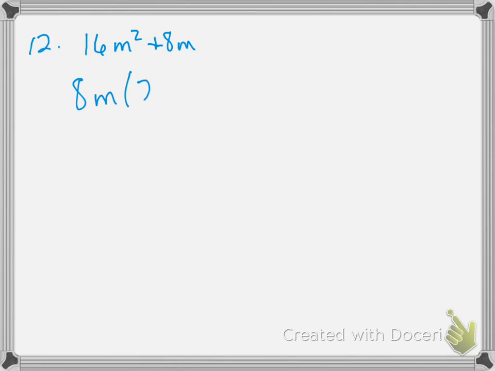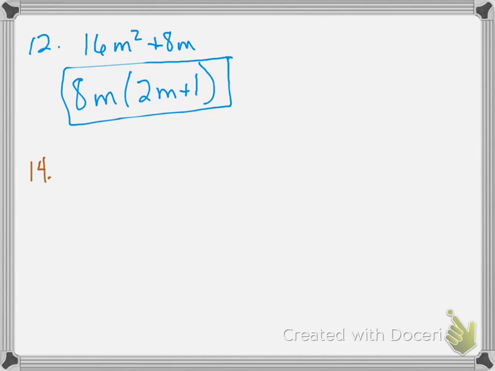Factoring out the greatest common factor is all you had to do here. Number 14. We also had a greatest common factor of 5 here.